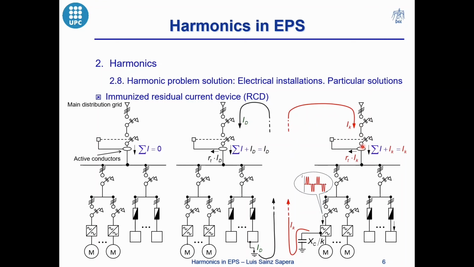In this condition, the residual current device opens the electrical installation when power electronics are connected, but there is no fault in this installation. To avoid this problem, immunized residual current devices can be installed, which have a high-frequency filter to block the high-frequency currents measured by the device, avoiding the switch opening.